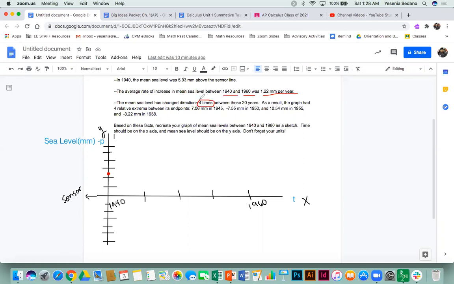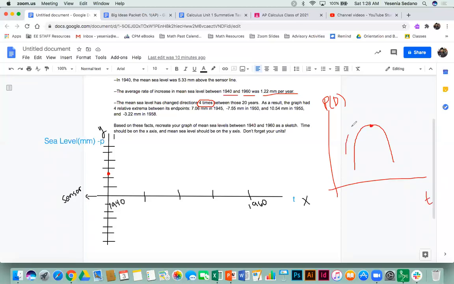If you look at your big ideas packet, change in direction happens when the slope goes from positive to negative. For example, if I have a position graph that looks something like this, with position, like distance, and time.